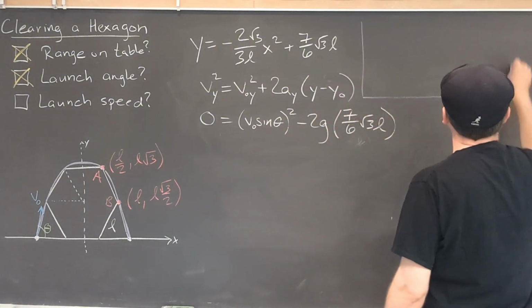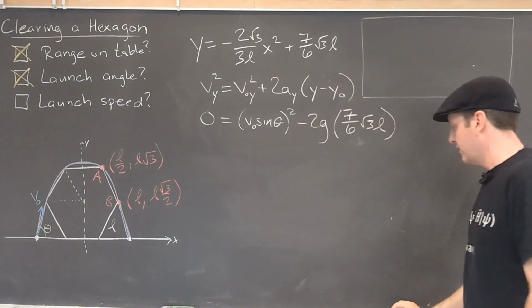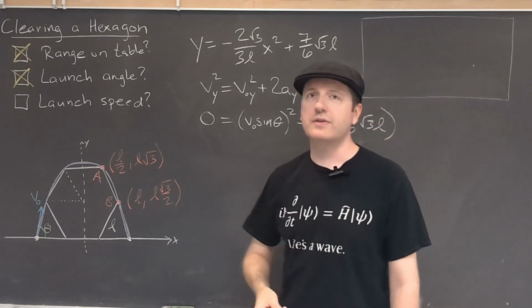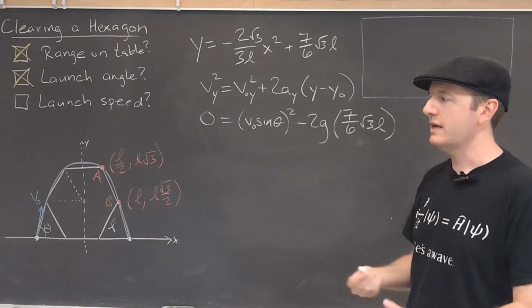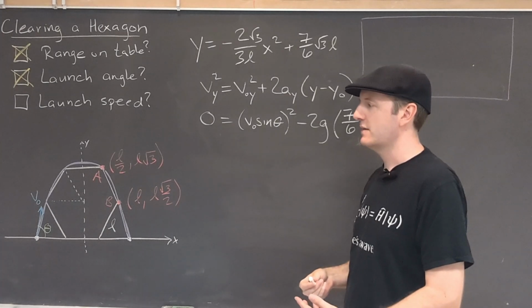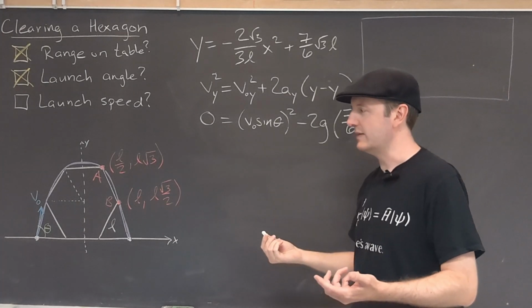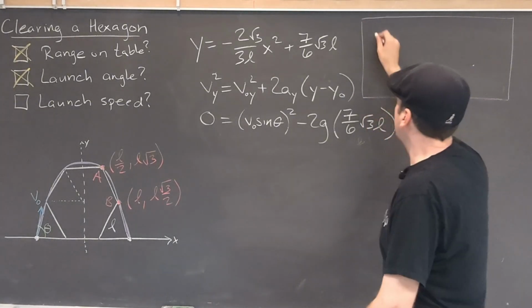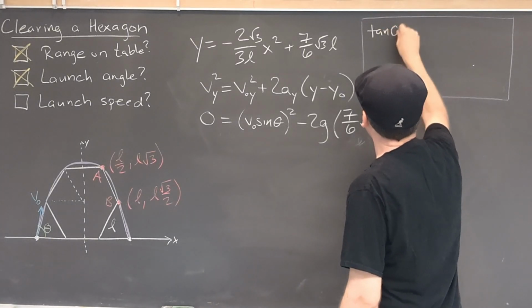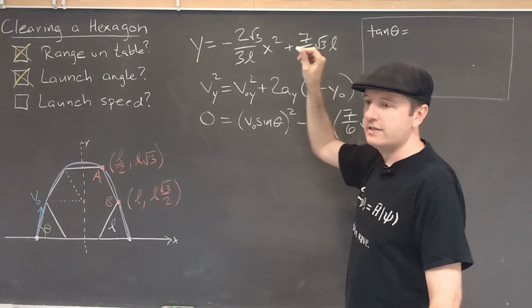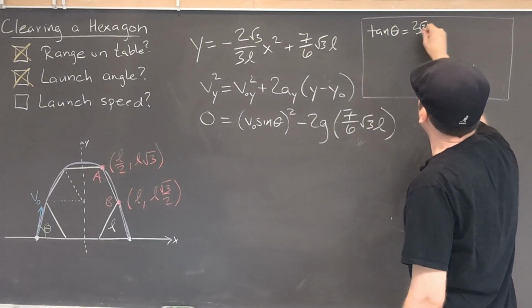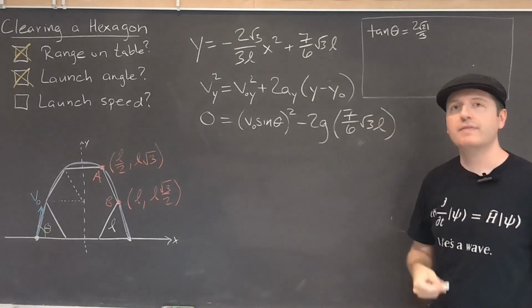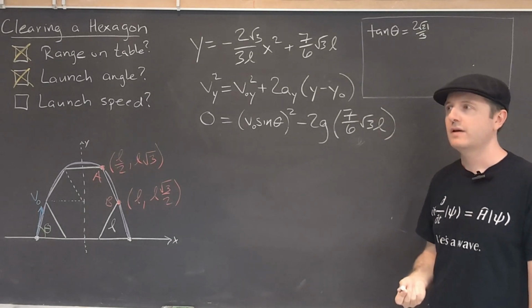There's a very neat trick that can be done when you don't really care about the numerical value of an angle itself, although we did find that, and I want to keep things perfectly exact. We found that the tangent of this angle was, what was it? 2 root 21 over 3, and I want to find the sine of this angle.